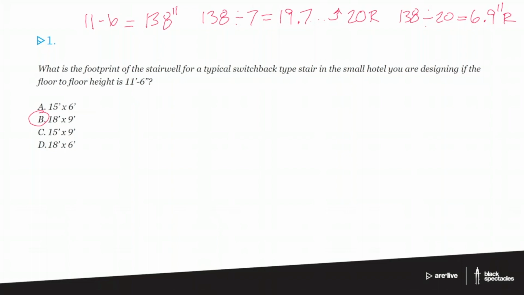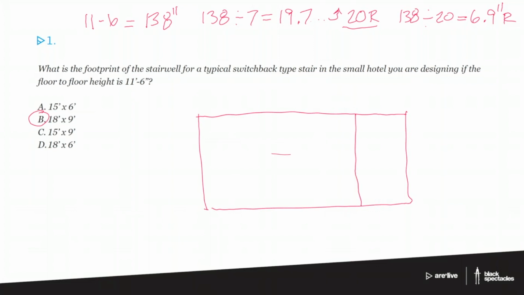So main thing I'm figuring out here is I've got the 20 risers. So we start looking at a footprint of what the stairwell is going to look like. And you could actually draw this out if that was useful to you on your scratch paper, or just do it in your head. None of this is particularly complex.